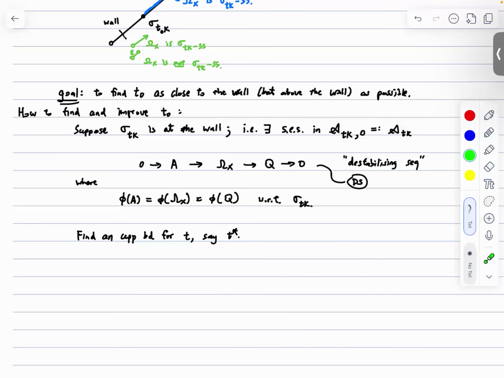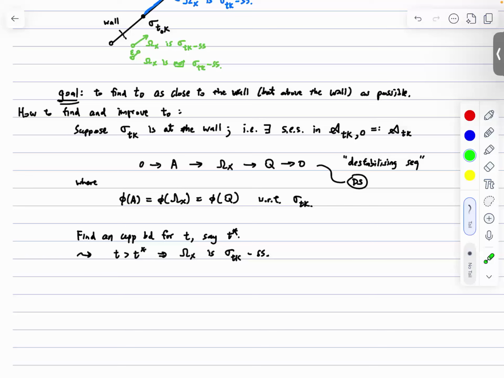This way, if we look at a stability condition where the parameter T is strictly bigger than this upper bound T star, then such a sequence cannot happen. And that would imply that the cotangent bundle is Bridgeland semi-stable. So every time your parameter T is strictly bigger than this upper bound T star, the cotangent bundle is Bridgeland semi-stable. This is one way to get a statement that says the cotangent bundle is Bridgeland semi-stable for particular Bridgeland stability conditions.